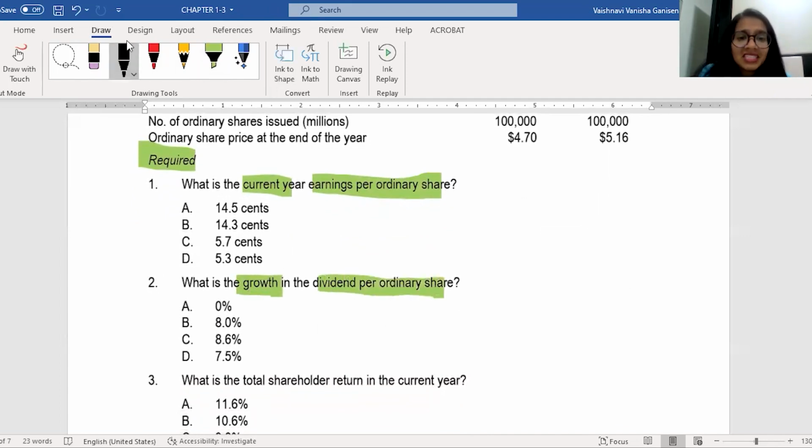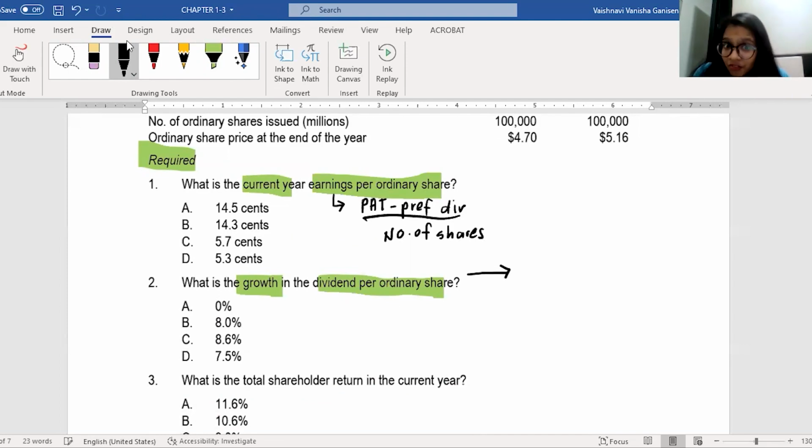So remember, when he says what is the current year EPS, the formula for EPS is PAT minus preference dividend over number of shares. Here, growth for dividend per ordinary share. So the dividend per share formula would be dividend over number of shares.